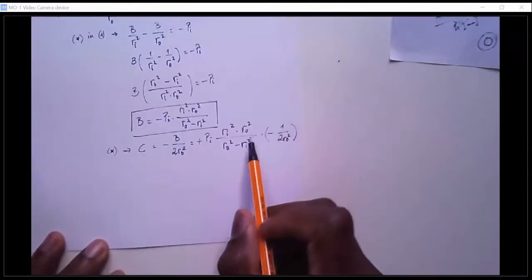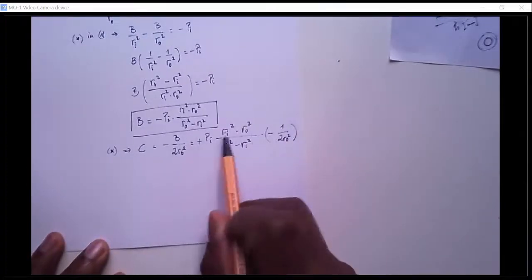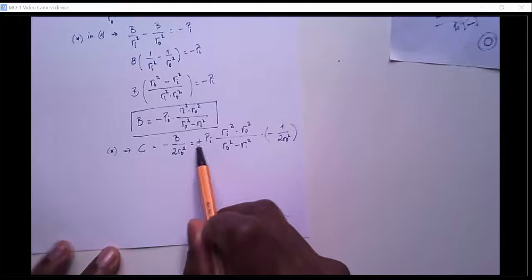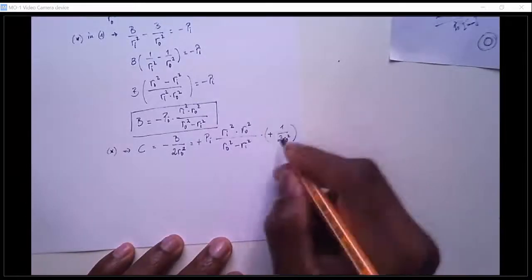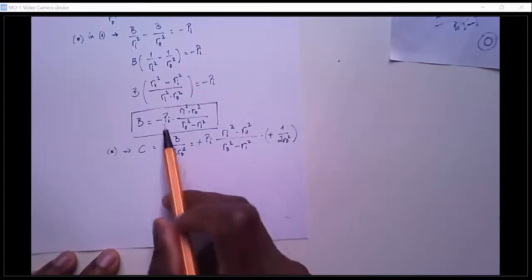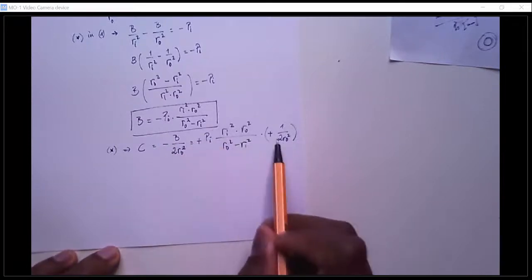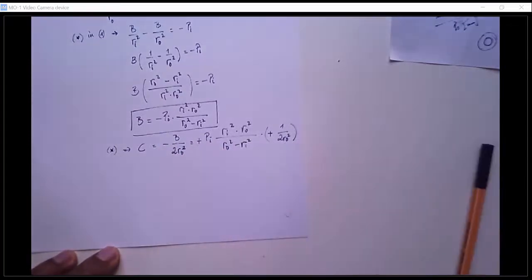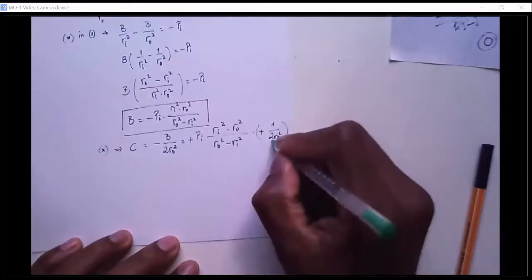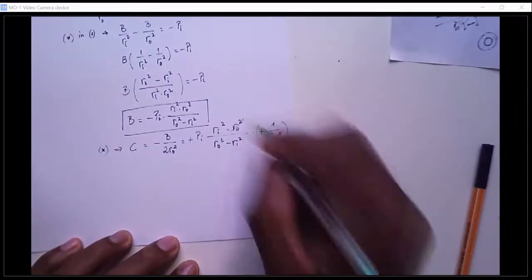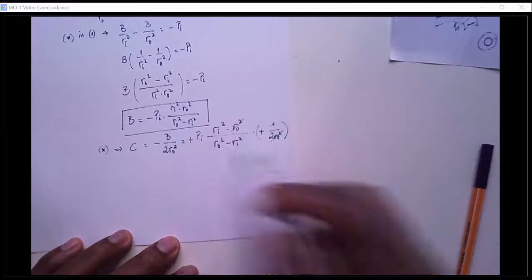Sorry. Wait a minute. I've switched the sign. I've changed the sign already, so we don't need the minus there anymore. I've changed the sign already for b because b was negative and I wrote a positive value here, so I've used the minus already. We just need to divide times 2 ro squared, and you can see what happens. The ro squared just goes away with this one, and we're gonna have a 2 over here in the bracket.